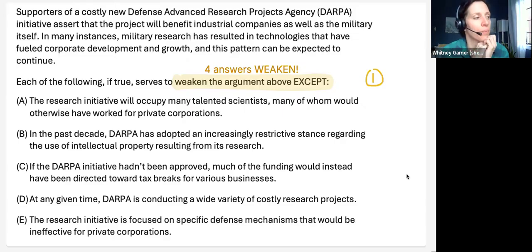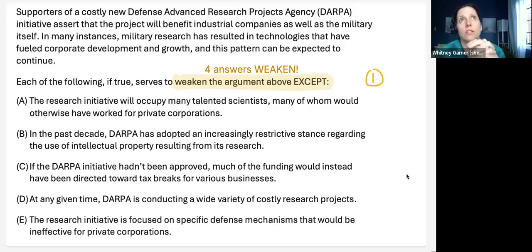So now I've got to go read the argument. They're talking about these new DARPA projects that they're claiming would benefit not just the military, but also private industry. And that in many occasions, all of this money that went into funding military research ended up in spillover technologies that then helped with corporate growth and development.